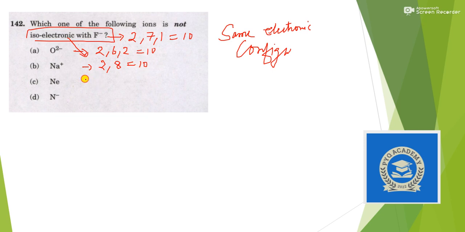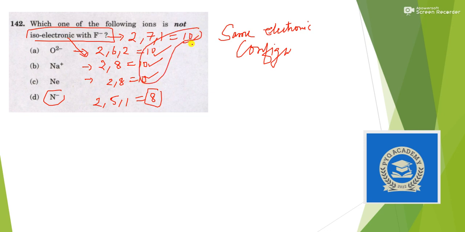For neon it is 2 and 8, it is 10. For nitrogen it is 2, 5, and 3 it will gain, so 5 to 8. So you can see all these are isoelectronic, and this is not isoelectronic with fluorine minus, so our answer is option D.